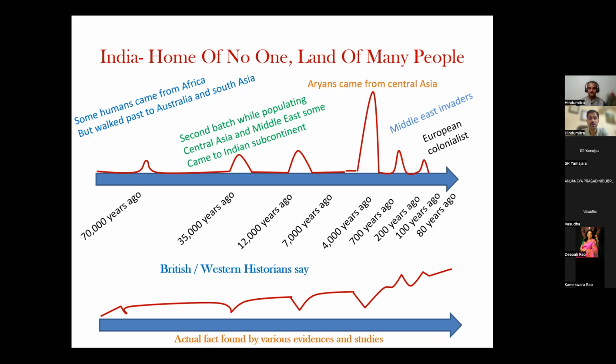We need to make a case that knowledge becomes meaningful only through languages such as Sanskrit, Pali, and classical Indian languages, Tamil, Telugu, Kannada, and so on. A good knowledge of these is very important.